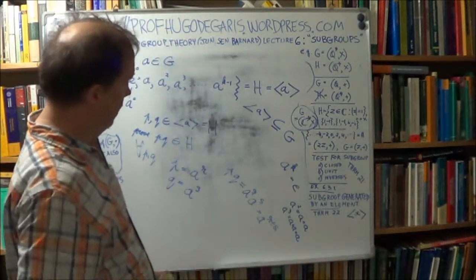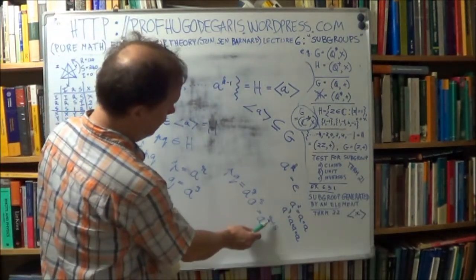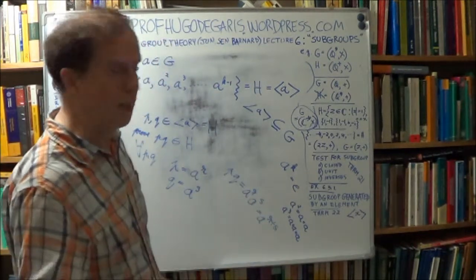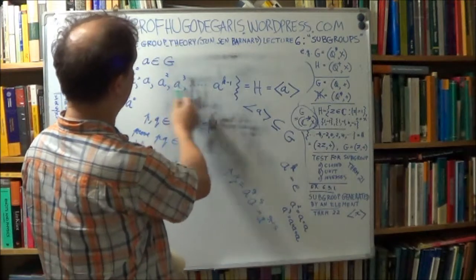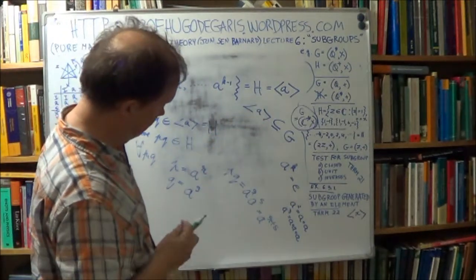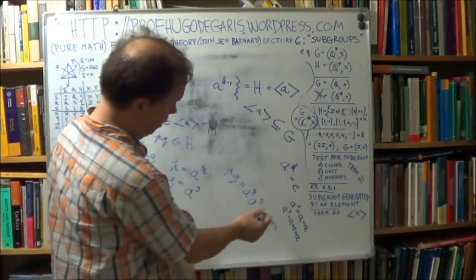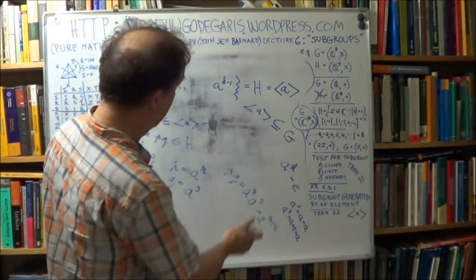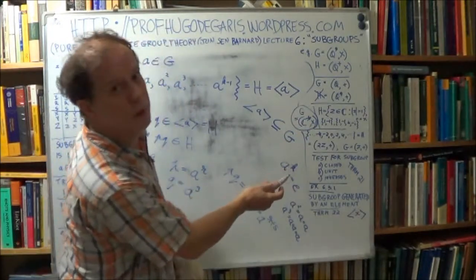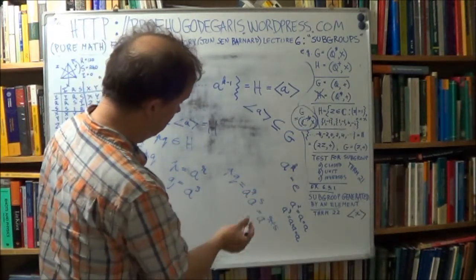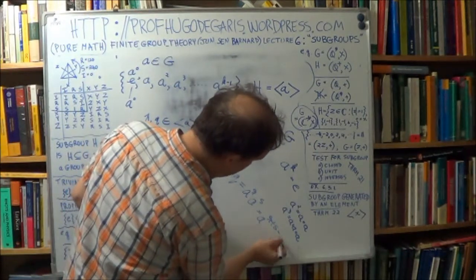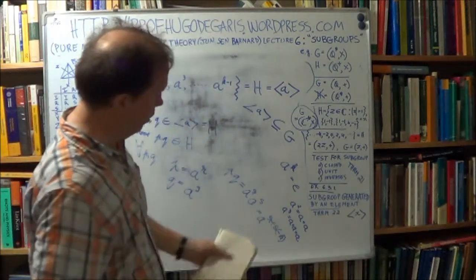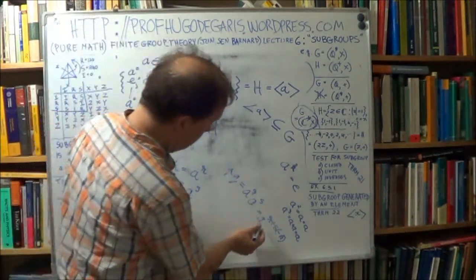Now, if R plus S is larger than the order of A, you can knock it down. So if R plus S is bigger than K, the order of your element, then you can subtract K. Now that won't change anything. Why?